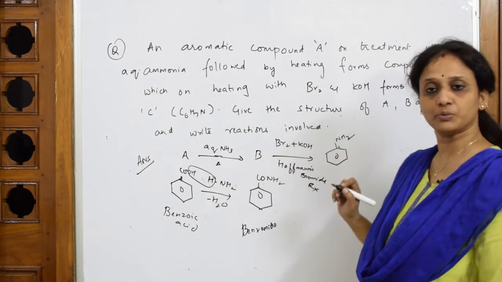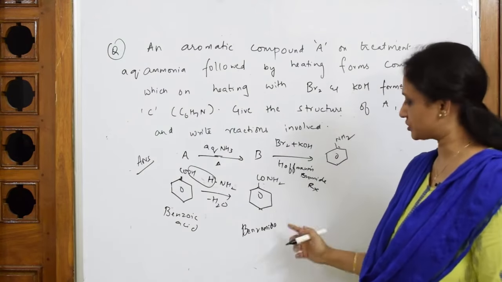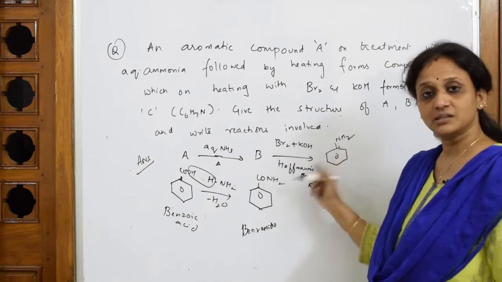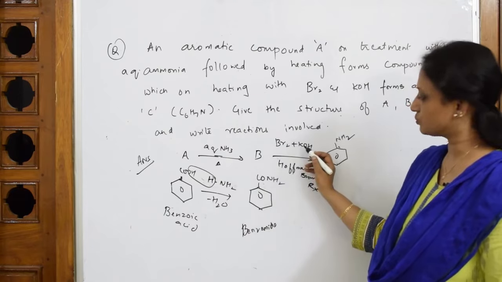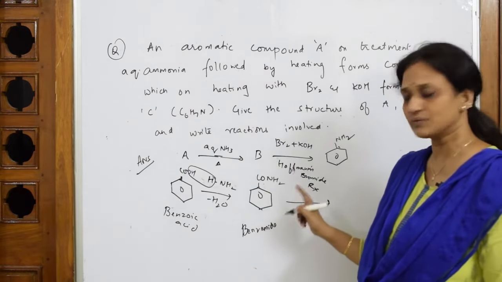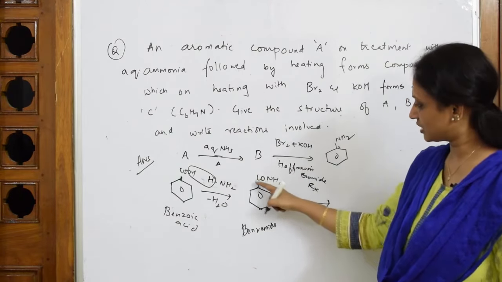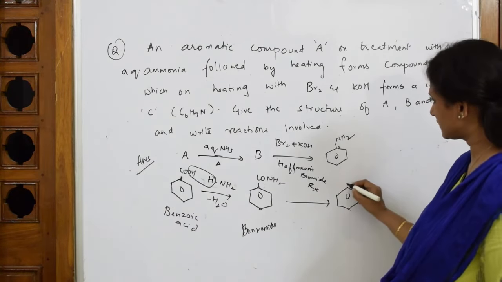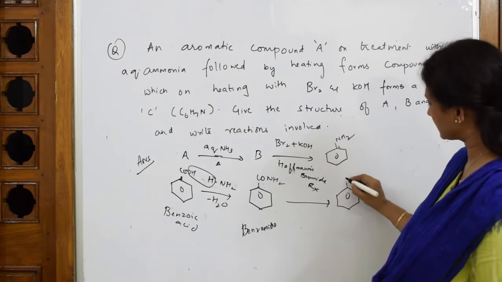Benzamide with Hofmann bromamide degradation loses one carbon as potassium carbonate. Watch the Hofmann bromamide reaction and you'll understand why I am saying this. With one carbon less, you get C6H7N, that is aniline.